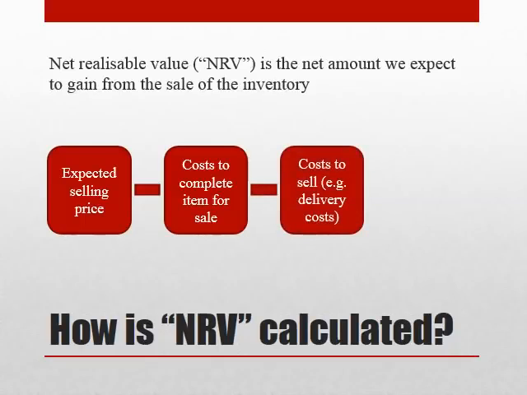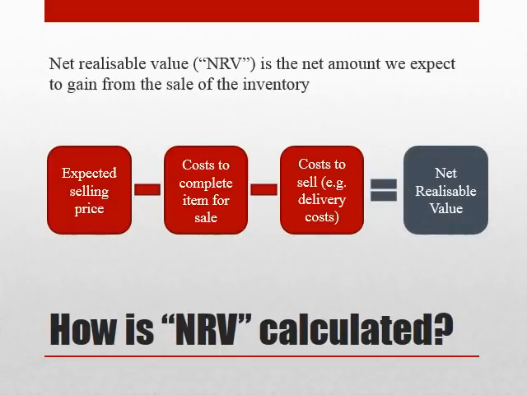So for instance, delivery costs, or perhaps commission costs. So we start with selling price and then deduct any amounts that we would have to incur in the future in order to achieve that selling price, and that gives us our net realizable value.